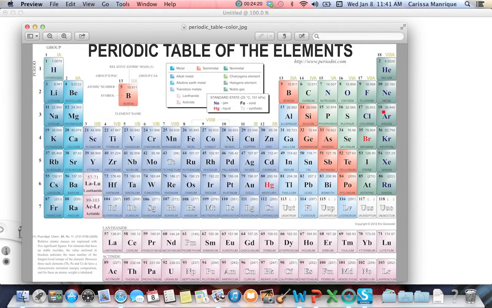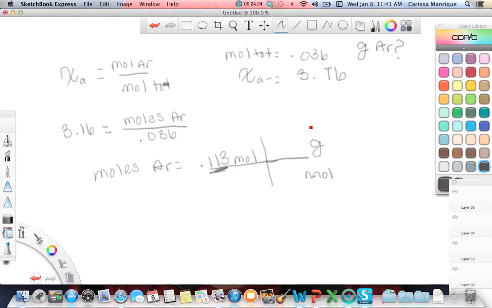Right here, it is about 40. So I have 40 grams in 1 mole. So 0.113 times 40 equals 4.55 grams of argon.